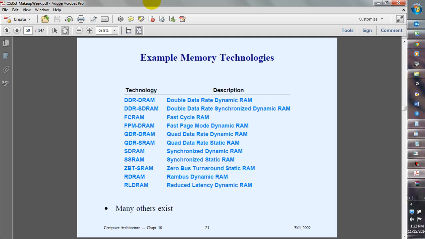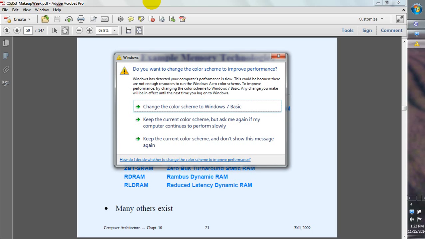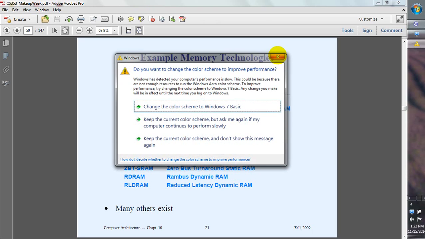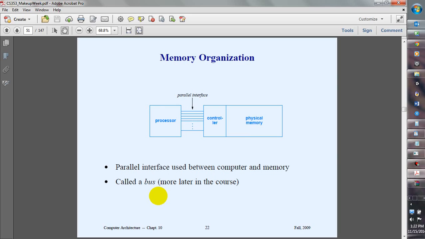Here are some examples of that memory, everything from double data rate dynamic RAM, DDR DRAM, up to reduced latency dynamic RAM. All various configurations of how the memory is synced up with the clock. Memory organization is basically set to have a parallel interface between the computer and the memory.